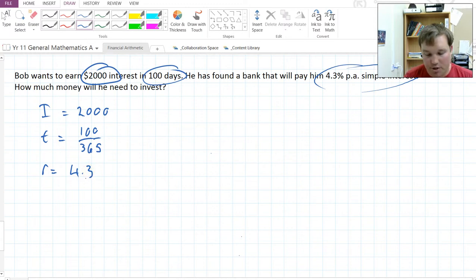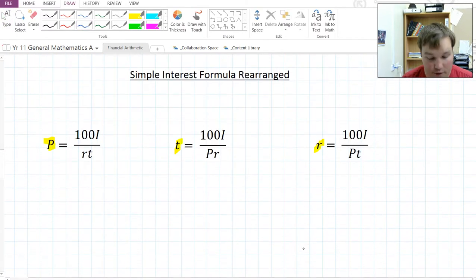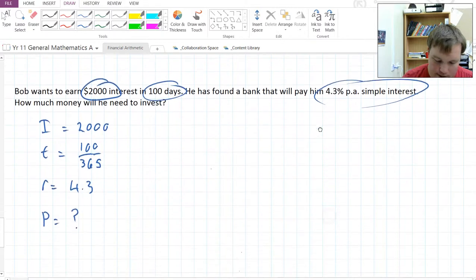Now how much does he have to invest means that it's asking for the principal. Alright, so what we do is we scroll up or look in your reference books to the equation that has principal by itself. And write that in.